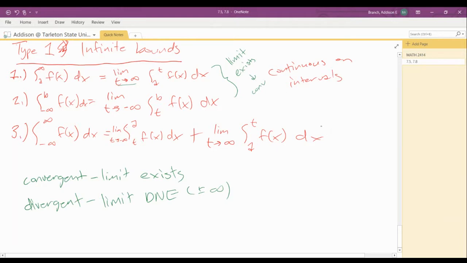Case 3 is a little different. For this, both limits must converge for the whole thing to be convergent.